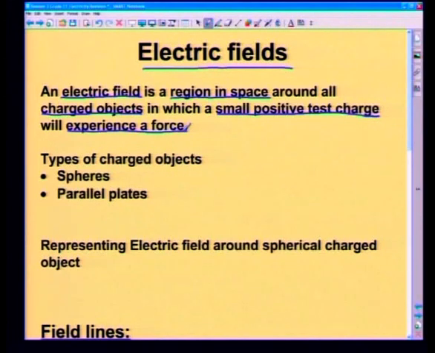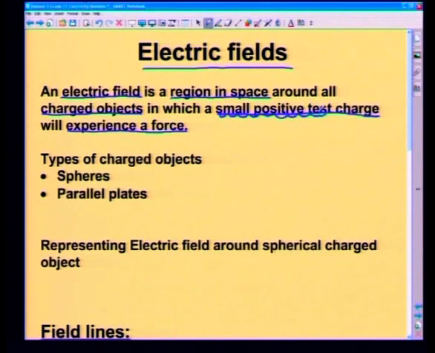It's a region in space around a charged object where another charge, in this case we call it a small positive test charge, will experience a force.